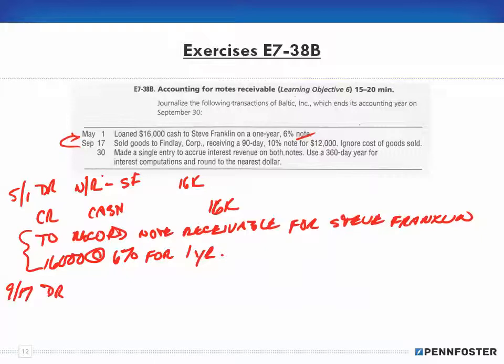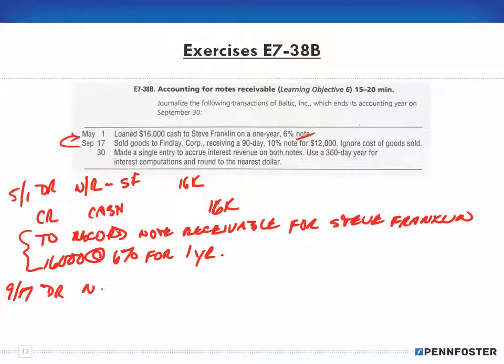When we create a notes receivable, it's for something greater than 30 days, and in this case it's a 90-day note at 10%. Also realize that with accounts receivable, we're not charging interest when we make a sale. But in this case, because we're extending the credit for 90 days, we're also going to charge interest. So we create ourselves a notes receivable.